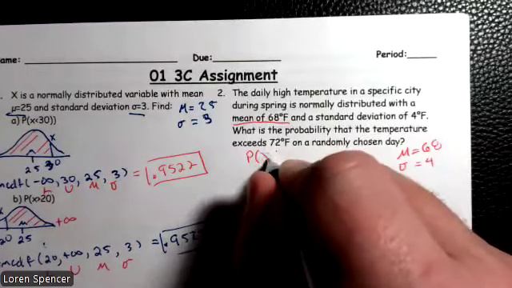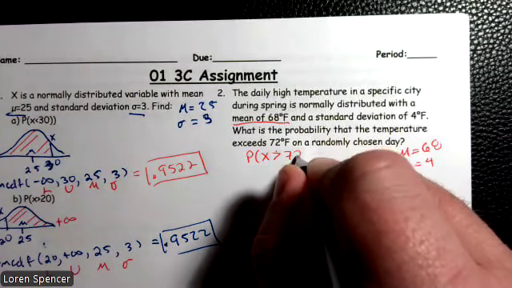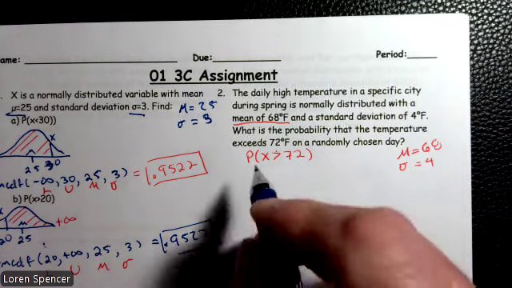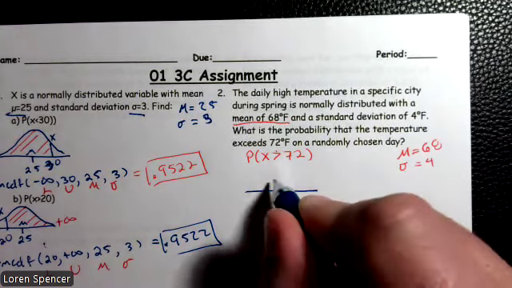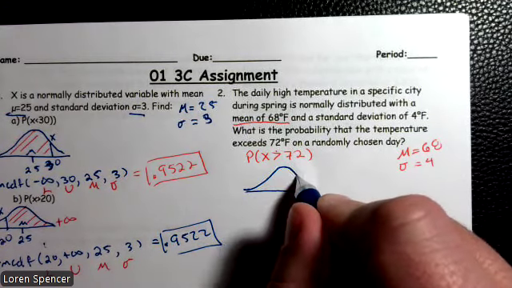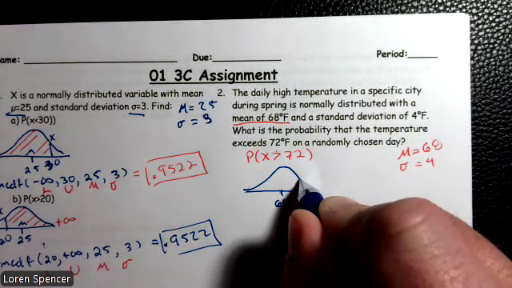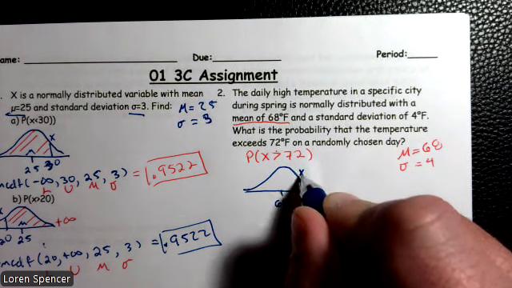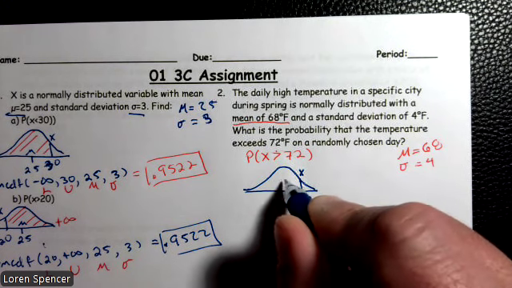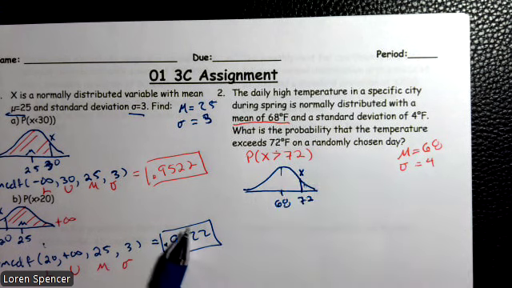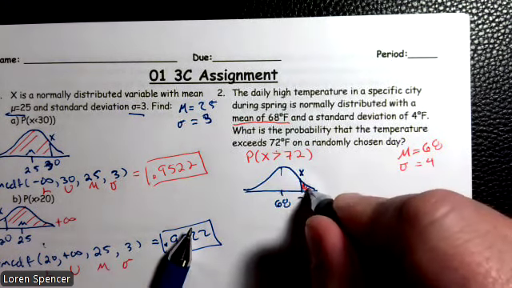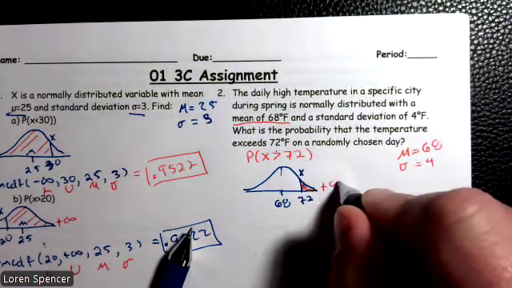So we're looking for the probability that X is greater than 72. Well, if I draw my graph, mean of 68, we know 72 is up here. And we're looking for this area. Please don't forget, this goes to positive infinity.